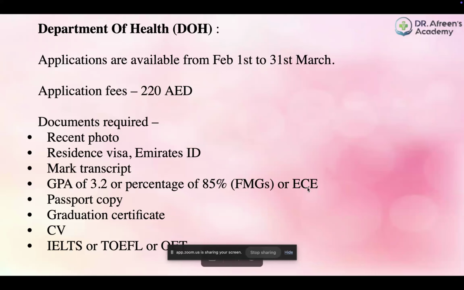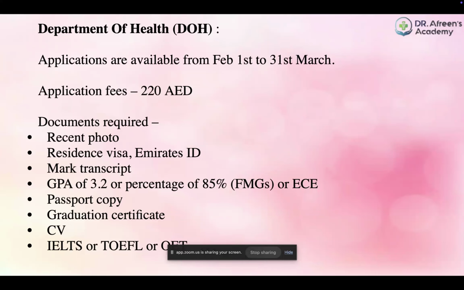So they don't necessarily want to have your ECE during the application process. If you have your GPA, you are good to go. Okay, so you don't have to have your ECE at the time of DOH application. But for MBRU, yes, you need it. If you have your ECE, you can upload your ECE certificate along with your marks transcript and GPA.